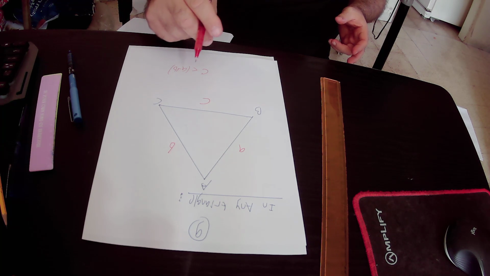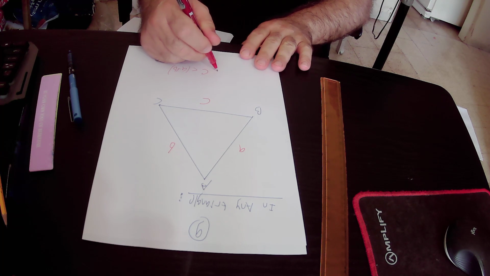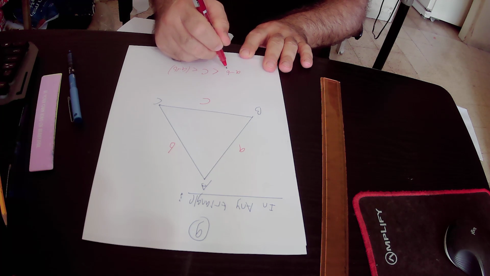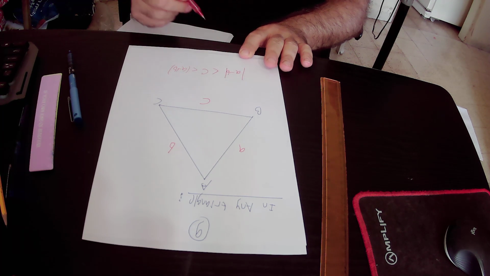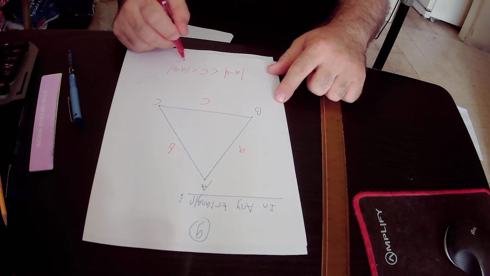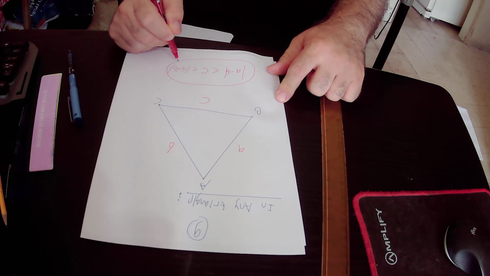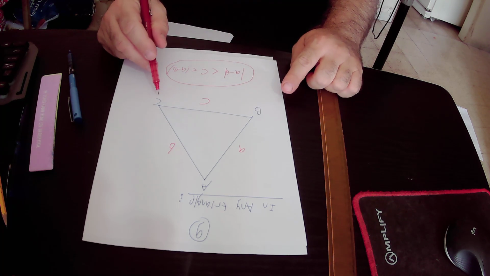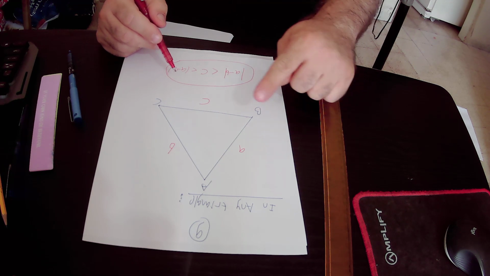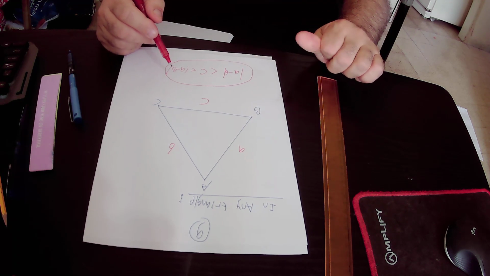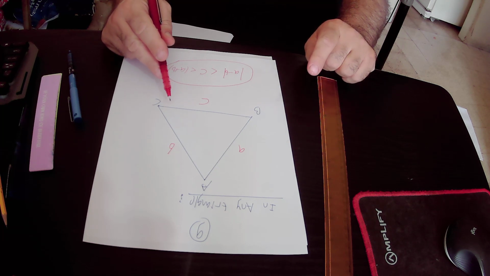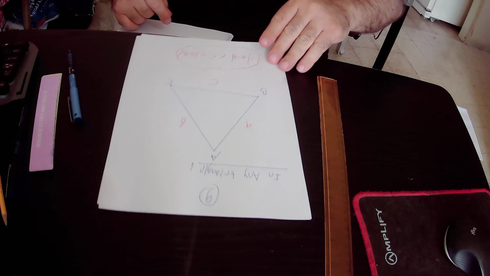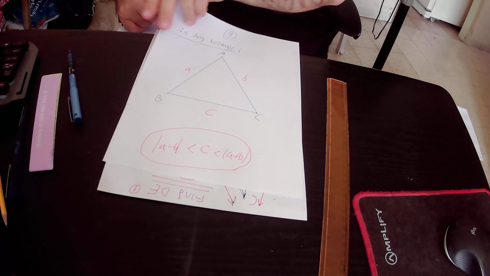That is to say, C will always be bigger than A minus B, or the absolute value of A minus B. Okay, so the rule states that C, that is the size of BC, will be smaller than A plus B from one side, but C is bigger than the absolute value of A minus B. Okay? That is the rule.